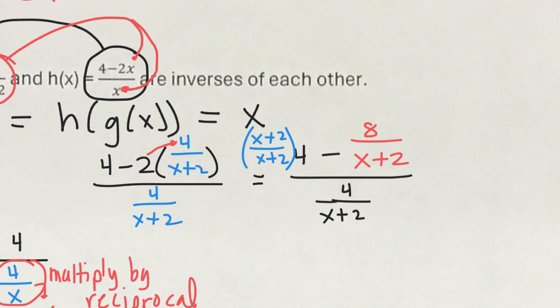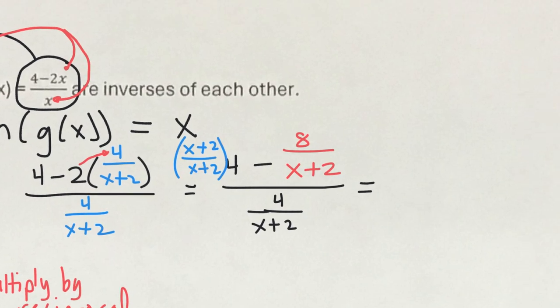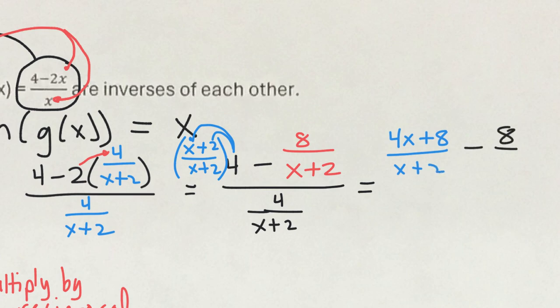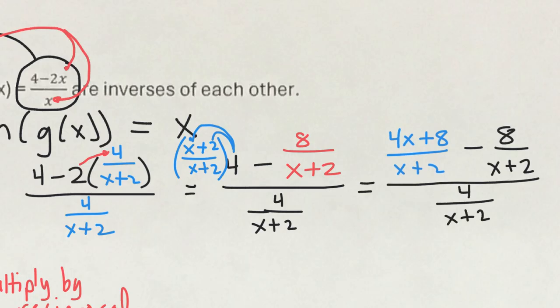Just the 4 gets multiplied. And when I do that, I now have 4x plus 8, right? Because I multiply into both of these, over x plus 2 minus 8 over x plus 2, all divided by 4 over x plus 2.